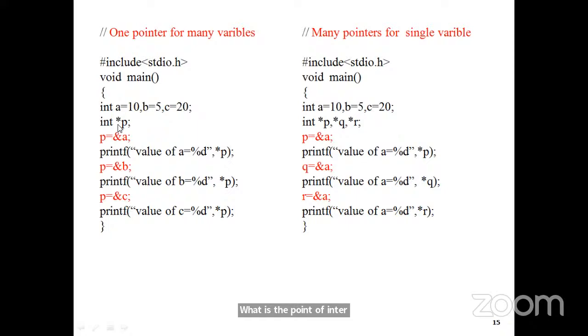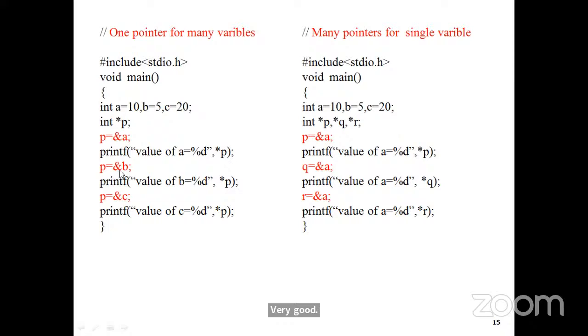This is one pointer. What will p be storing? Let us take p can store the address of a in the first stage. After printing, what value will star p print? Star p means value. What is the value of a here? Very good, 10.